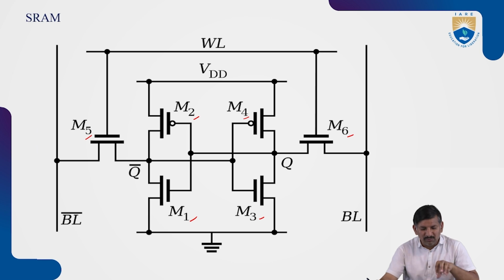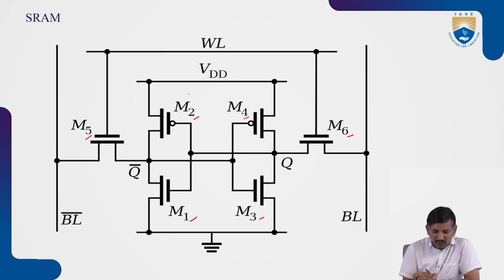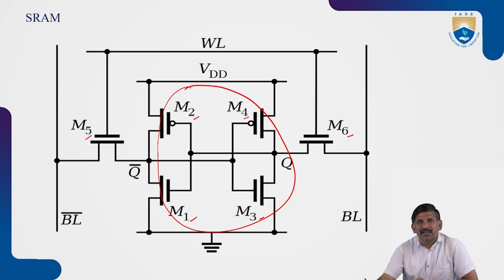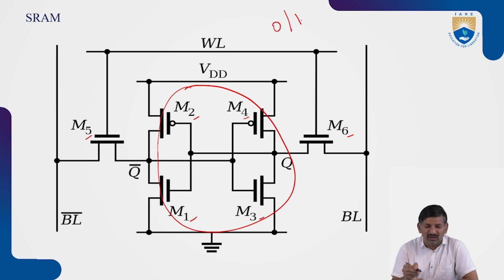Of these 6 MOSFETs, 4 MOSFETs create the memory cell for storing the binary information, either 0 or 1.